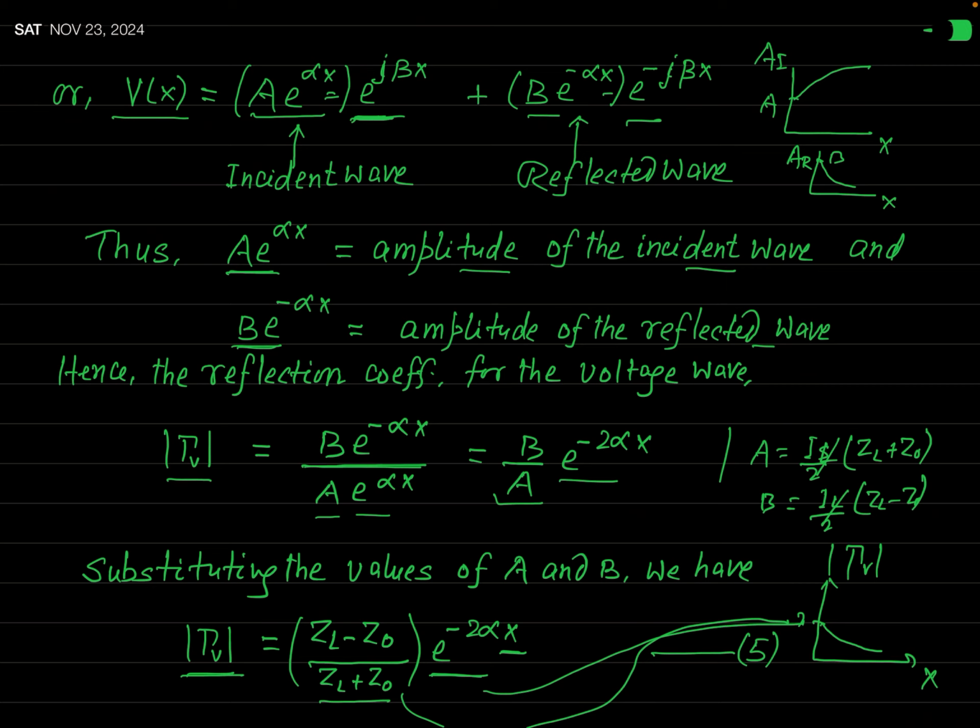Now in a similar manner, when you consider the current equation instead of the voltage equation and try to find the amplitude of the incident wave and the reflected wave, this is just a homework for you. You must simplify the current equation, that is the equation for I of x, taking gamma equal to alpha plus j beta.